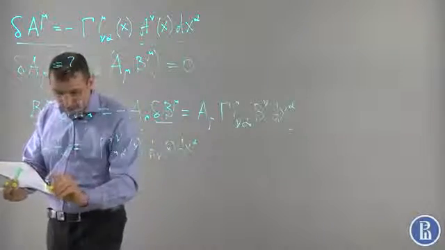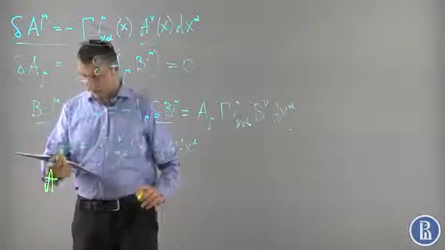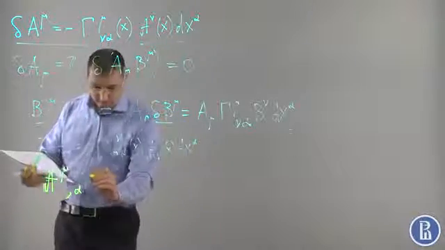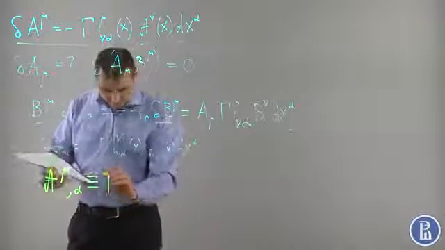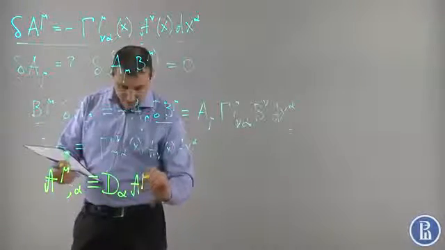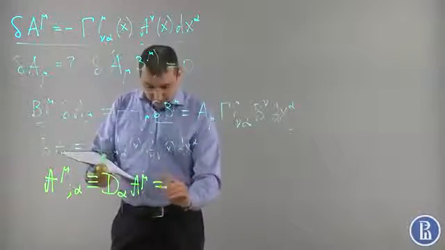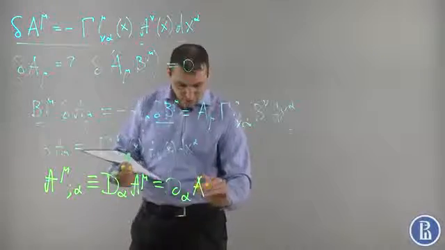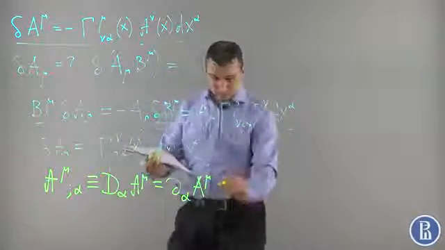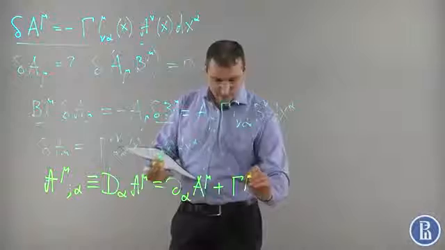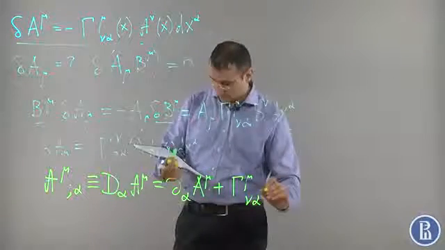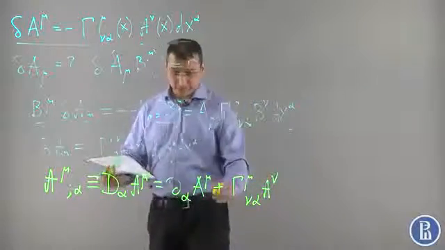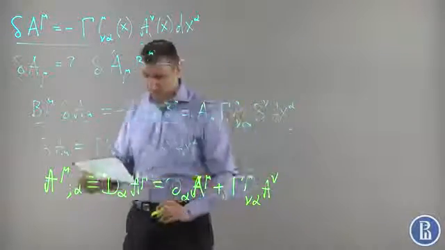The covariant derivative of a vector A^μ with the upper index, which by definition is the same as ∇_α A^μ, is just the following: ∂_α A^μ plus Γ^μ_να A^ν. This just follows from the equation that I have been writing so far.